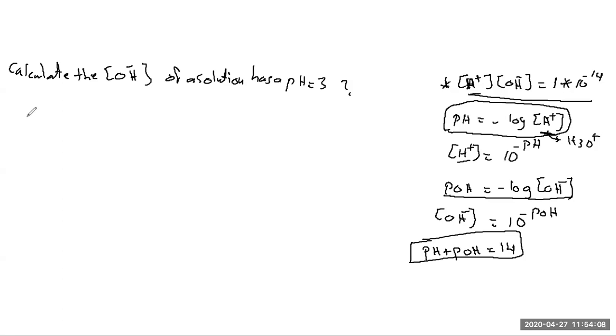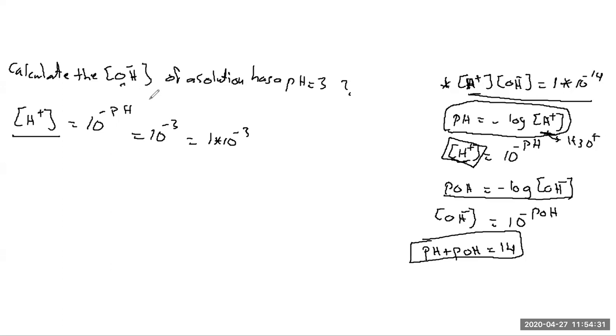So what you're going to do here, first of all, we will calculate the concentration of H positive. Concentration of H positive will equal 10 to negative the pH, and that means 10 to negative 3, and that will give you 1 times 10 to negative 3. Now I have the H positive, but they are asking for the OH, so I will use this formula.